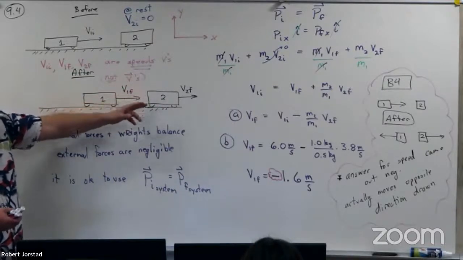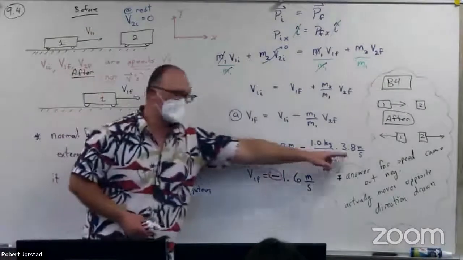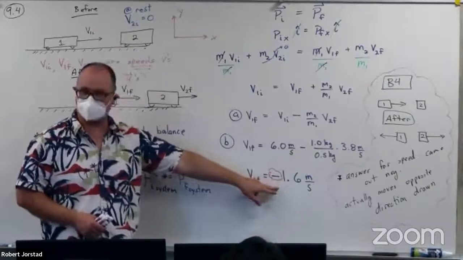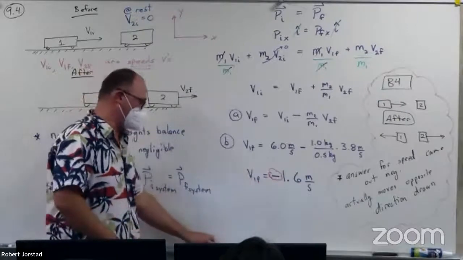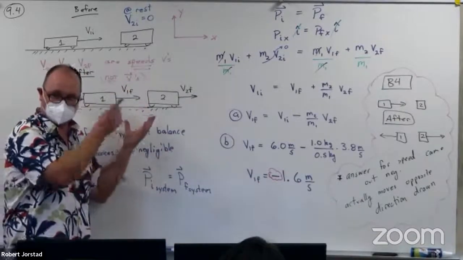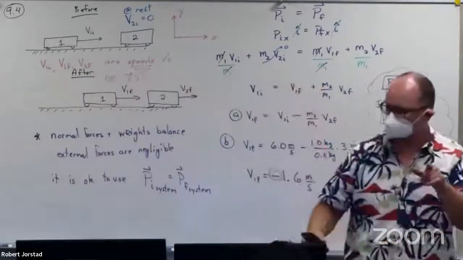In this case, weren't we told that? 3.8. So we're expecting the big one to actually be moving faster than this one, but this one's going to be moving backwards a little bit slowly, right? Now, it's not always going to be perfect because I can't always get this exact set of numbers, but let's try some experiments and see if the basics look right. Did I address your question a little bit? Yeah.